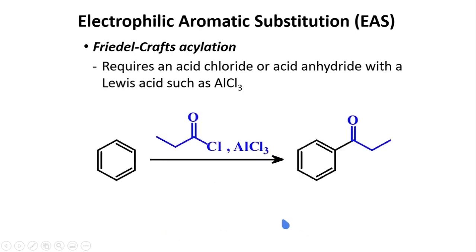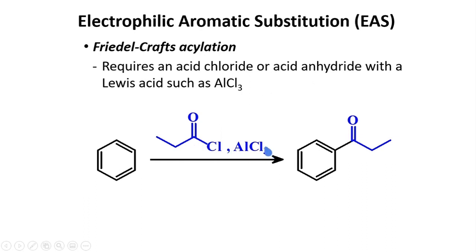Next is Friedel-Crafts acylation. Similar to Friedel-Crafts alkylation, it requires Lewis acids, and in this case, an acid chloride or acid anhydride. I use here an acid chloride and the Lewis acid aluminum chloride.